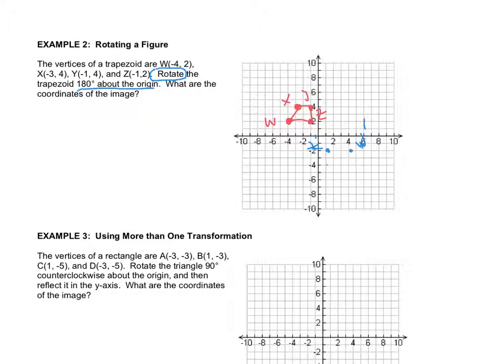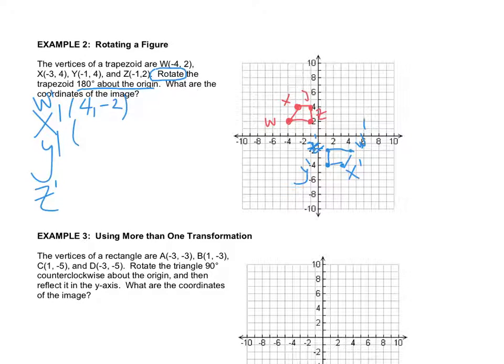The next one is going to drop into here, and the last one's going to drop into there. So we get the same trapezoid, but I'm going to get the X prime there, the Y prime there, and we mentioned the Z prime there. So W prime, X prime, Y prime, and then Z prime. We want to go in alphabetical order. So W prime is going to be at 4, -2.